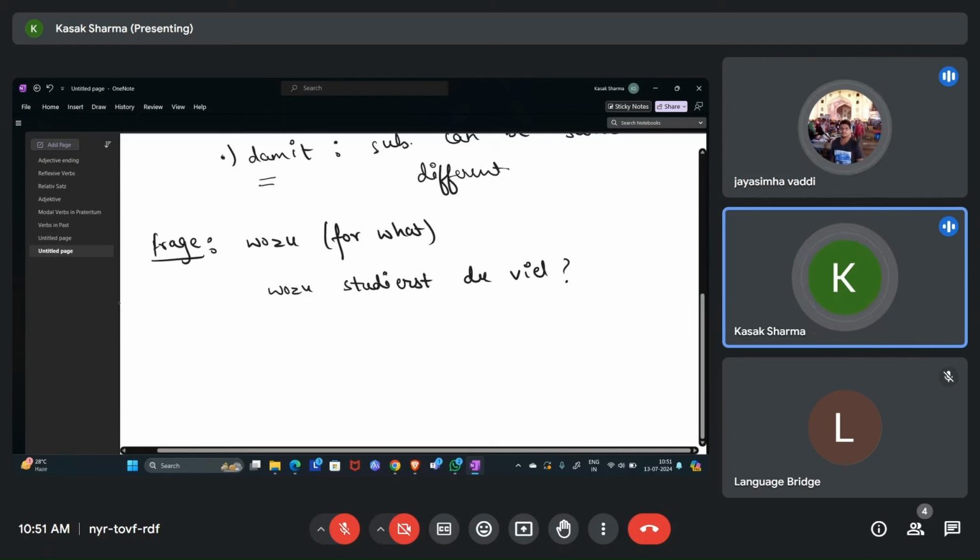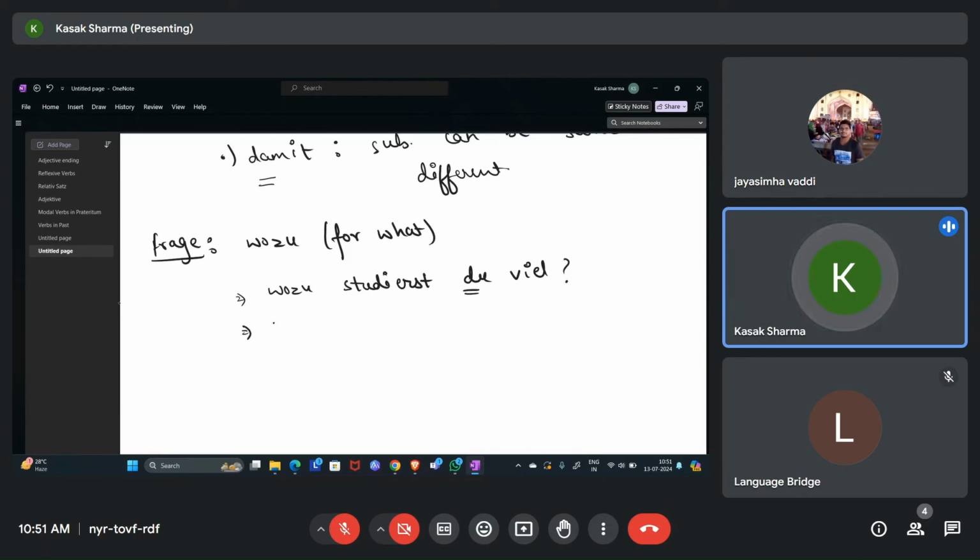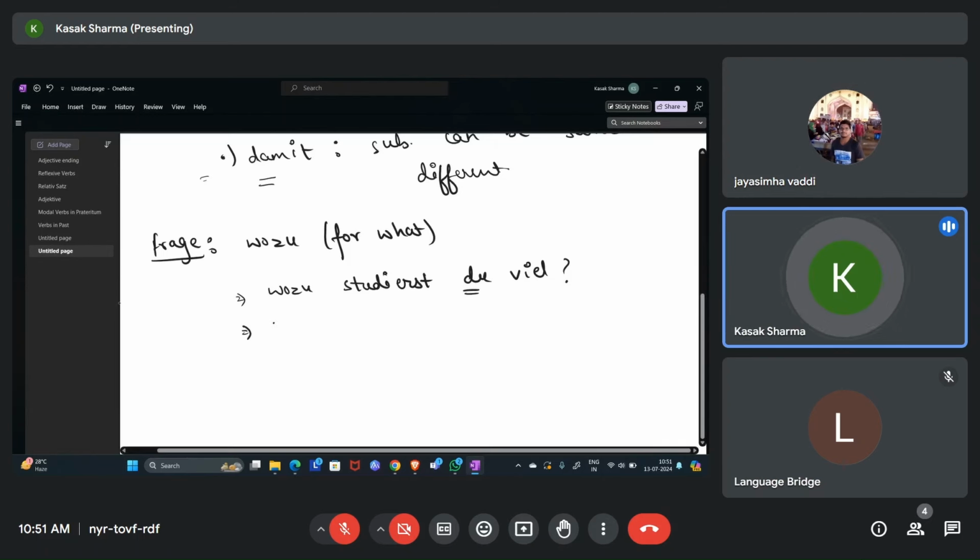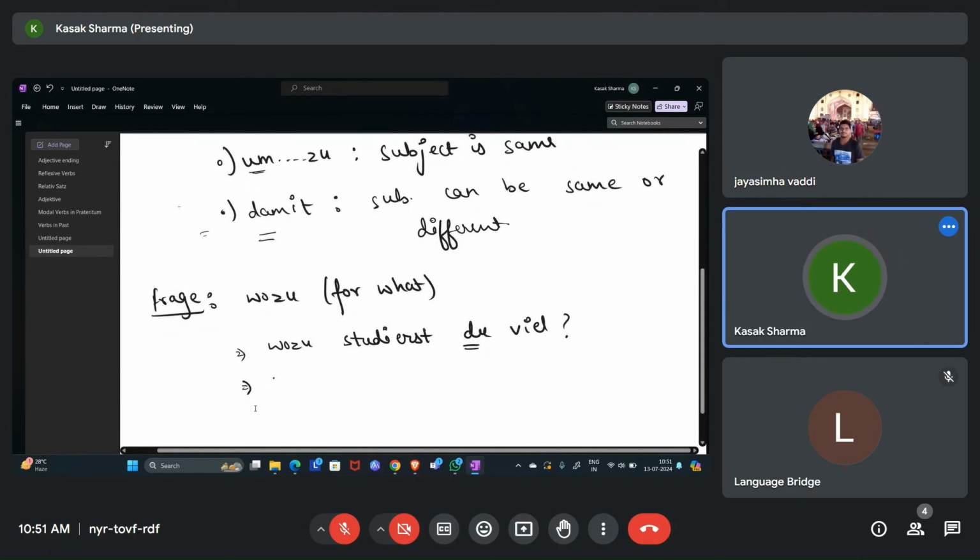Why are you studying so much, or for what are you studying so much? The answer can be with the subject the same, as in ich. So I can frame my sentence with damit and also with um zu, because the subject is the same in this sentence.